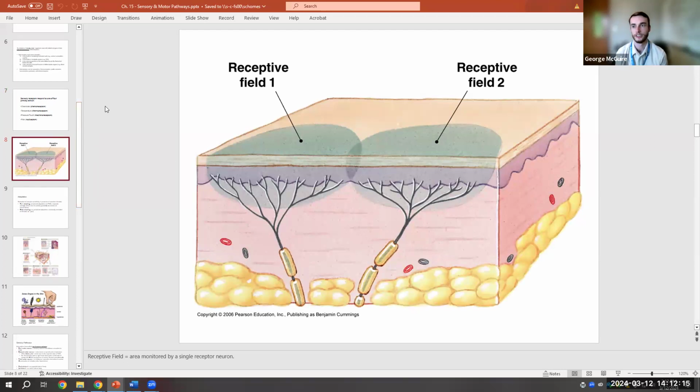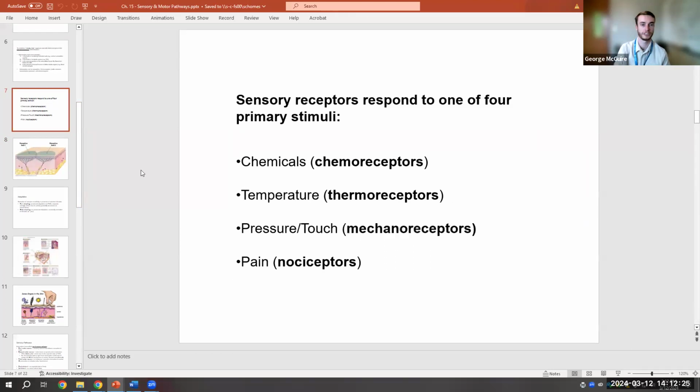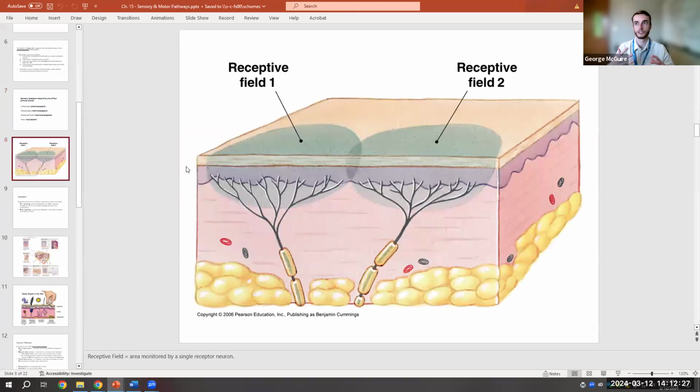So each of our sensory receptors has its respective receptive field. Specifically thinking about touch, right, with our mechanoreceptors, some of our touch sensation is going to provide a crude sense of touch, where you have a general idea of the area on your skin that is touching something.